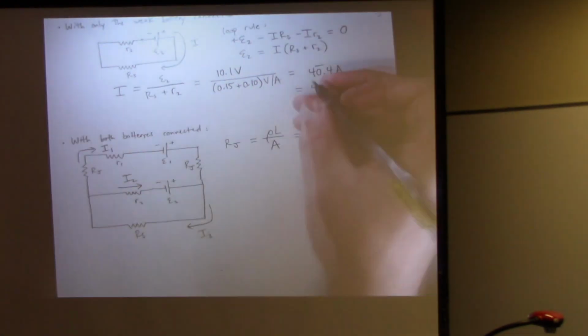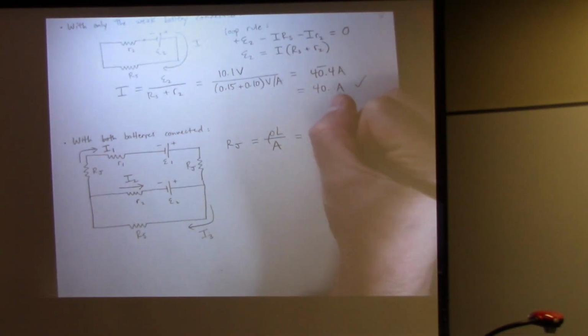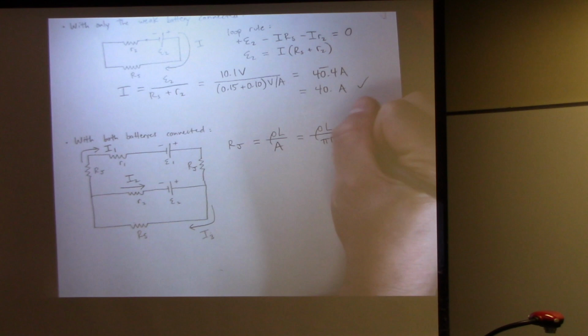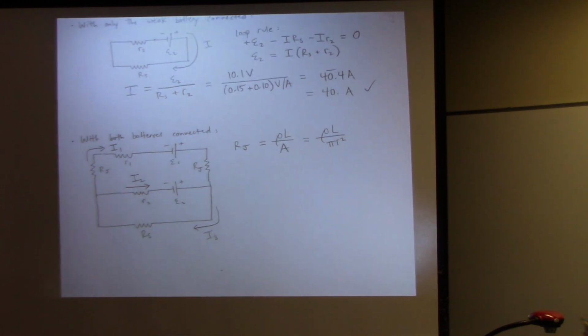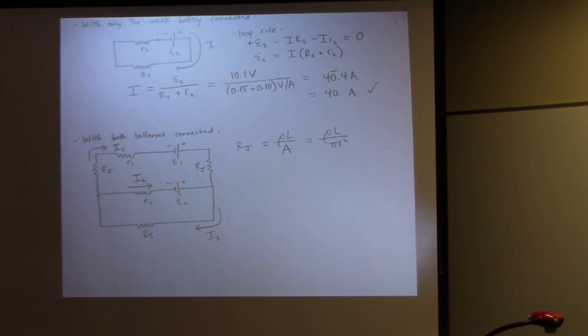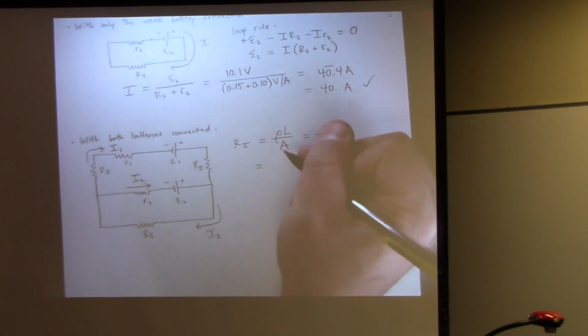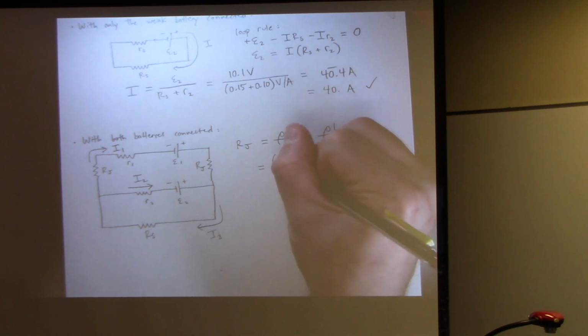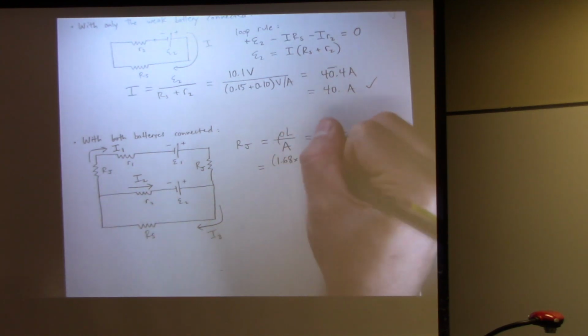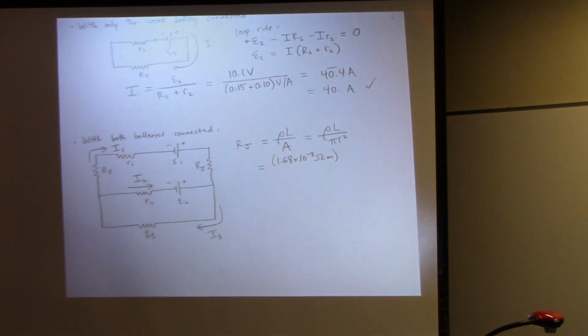And so the area is going to be a circle, because the cross-sectional area that the current is actually moving through when it's in the jumper cables is a circular cross-section. Okay, let's put the numbers in. For the resistivity rho of copper, we have 1.68 times 10 to the minus 8 ohm meters are the units.